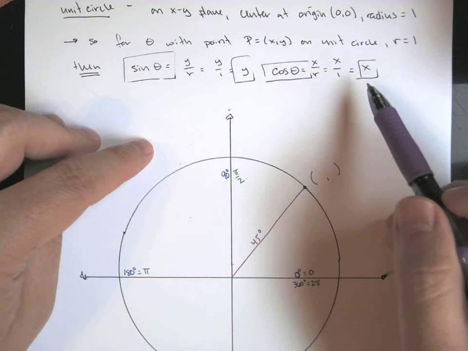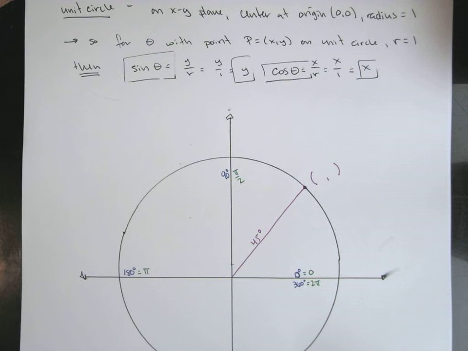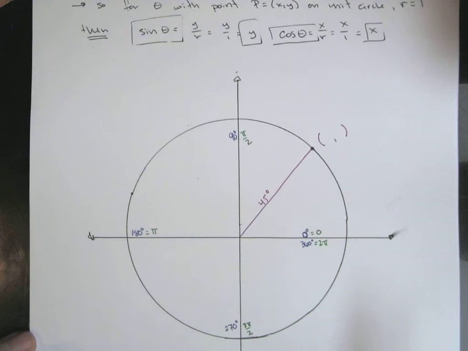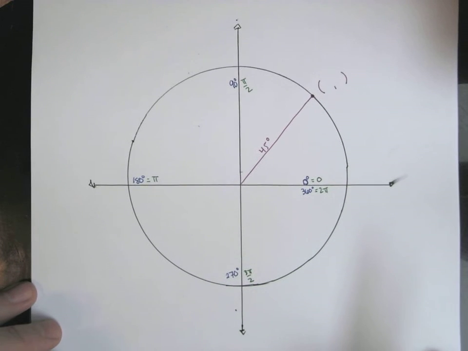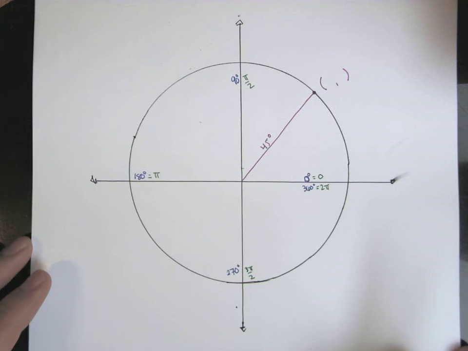So the cosine value is x, and the sine value is y. On the unit circle, the points (x, y) on the edge of the circle give us directly the cosine value and the sine value at the angle. Cosine is the x coordinate, and sine is the y coordinate.